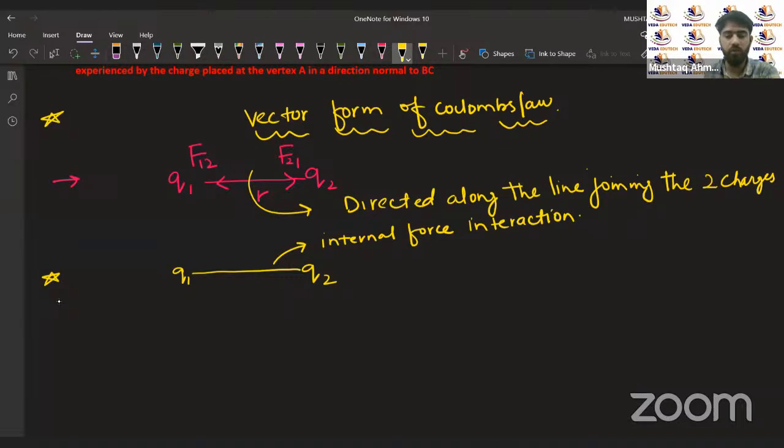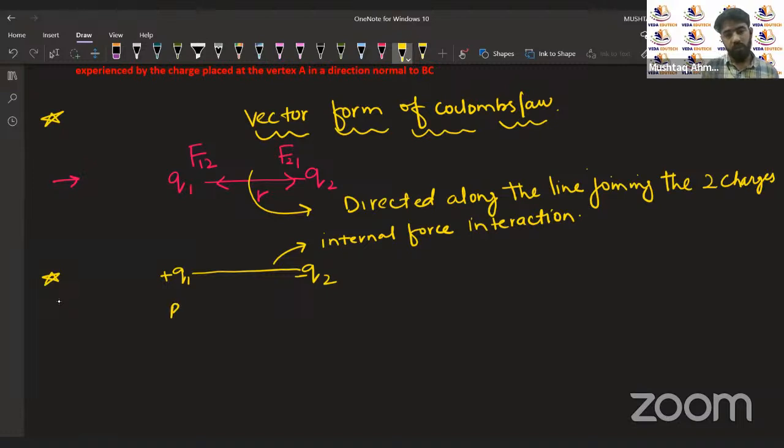Suppose that charge Q1 is positively charged and charge Q2 is negatively charged. Then the charge Q1 will attract the charge Q2, and both charges Q1 and Q2 will start moving towards each other with some speed.